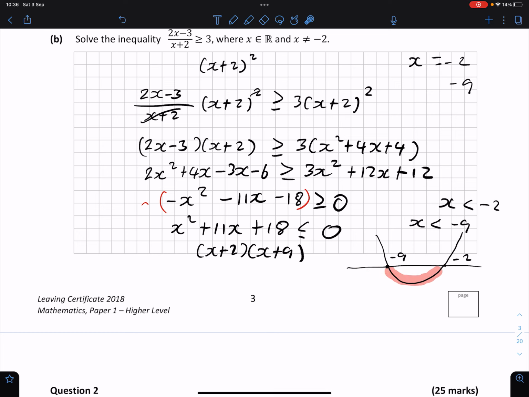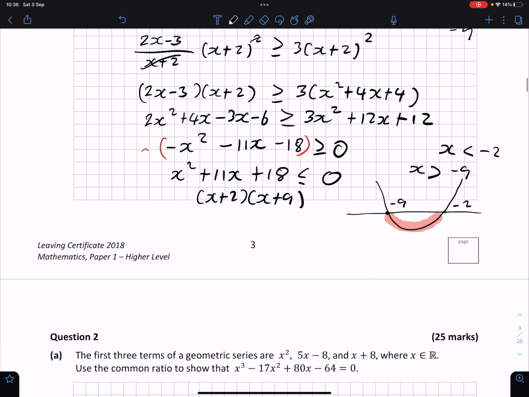So that isn't the right answer. Now at this point, we should just combine our answers. So x is greater than or equal to minus 9 and less than minus 2.